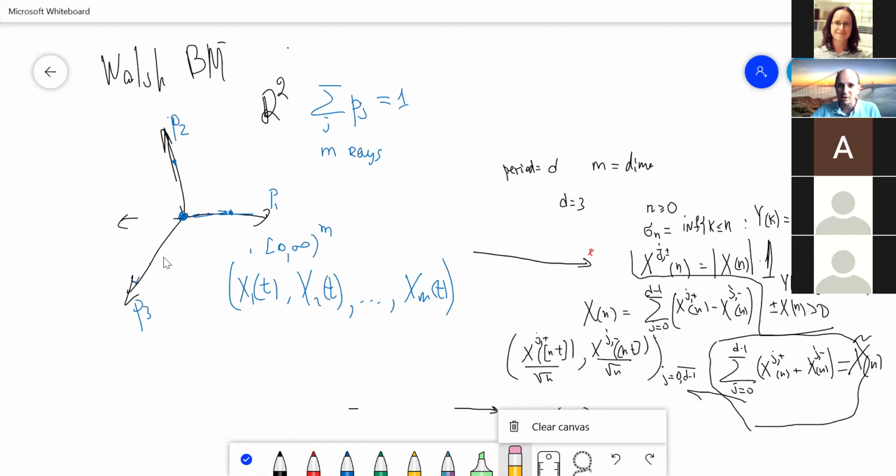So it's easier to consider this picture than a picture on a graph or a picture in R2, and it is equivalent. Realization of a graph as a subspace of R2 was the initial approach of Walsh. So consider a realization of the graph in R2 and then study a process only on this graph. The graph is a subset of R2.